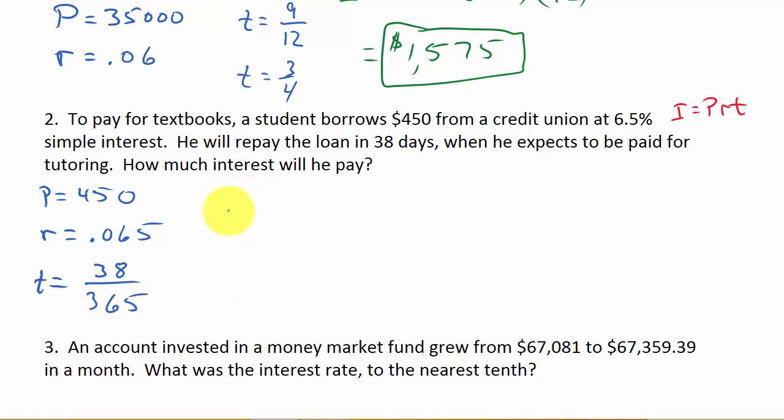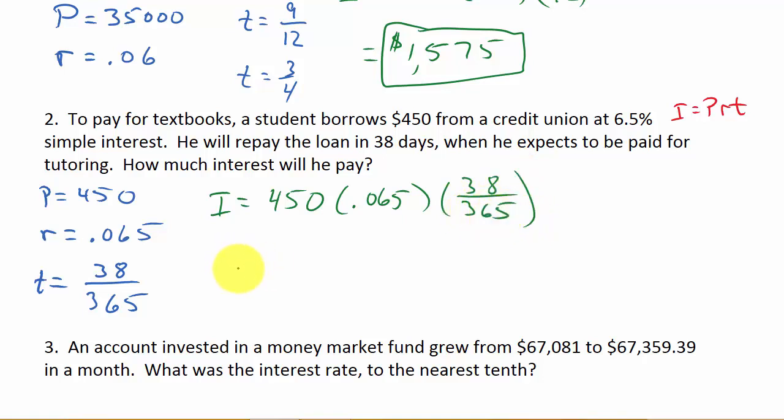So now we just plug everything into our formula. We get I is equal to P times R, 0.065, times 38 over 365. And the same way I plugged it into the last one, that's 450 times 0.065 times 38, and hit equals, and then divided by 365.